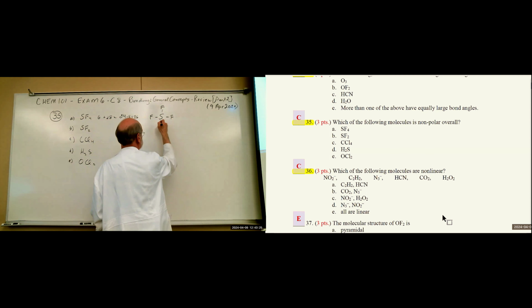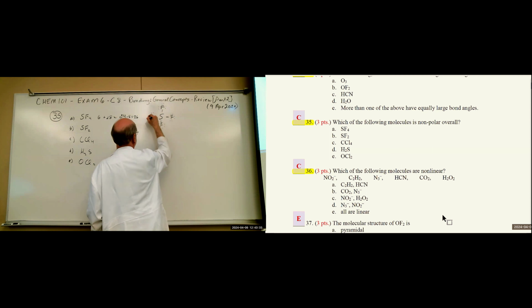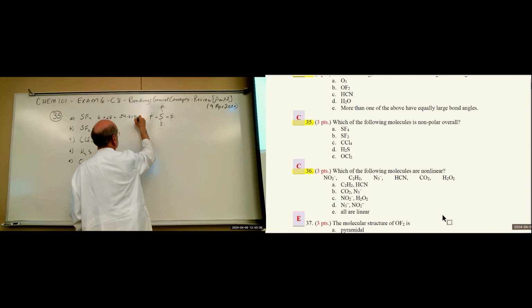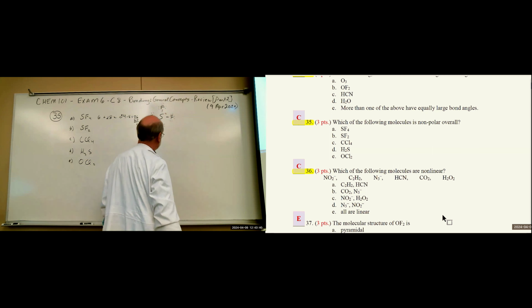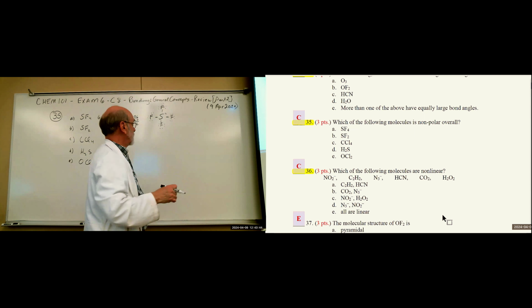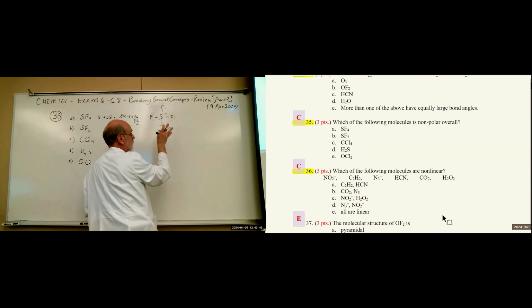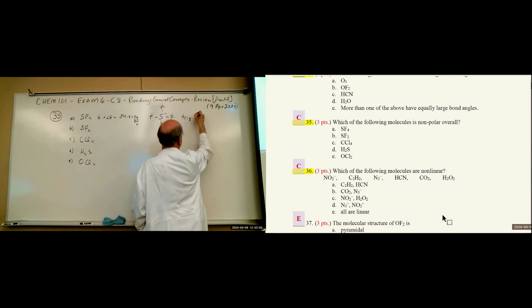We've got 26 electrons left over. 2, 4, 6, 10, 12, and 12 more makes 24. So we have 2 electrons that have to be placed here. Right, this is not symmetrical. This is 1, 2, 3, 4, 5 groups, which is a trigonal bipyramid.